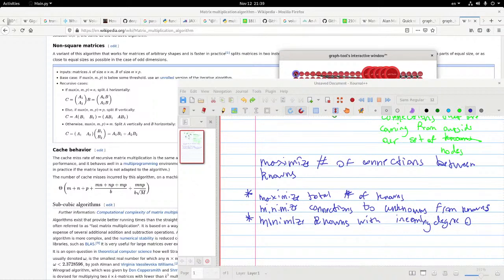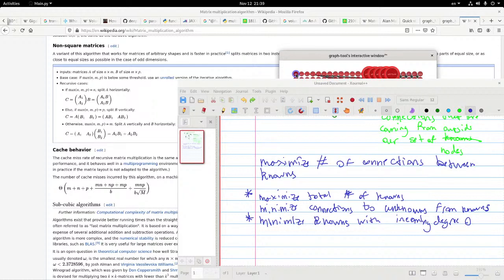I can choose one of its connections. Okay, first I start with the guaranteed nodes, which are these nodes that have incoming degree 0, right?